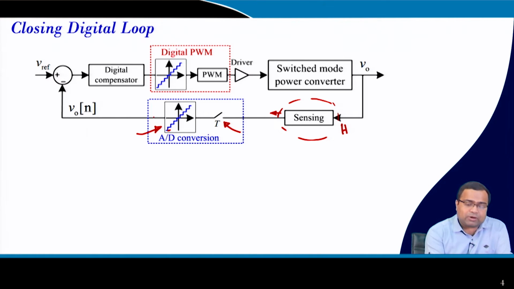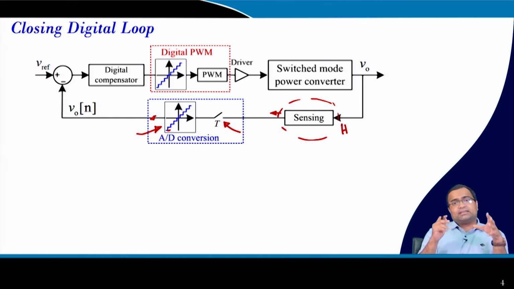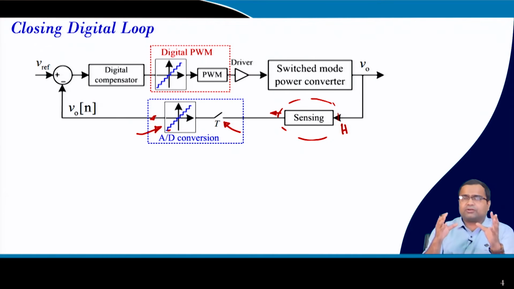After this quantized voltage, there generally has to be a coder, which converts it into a stream of binary numbers that can be represented in either 2s complement, offset binary or straight binary.